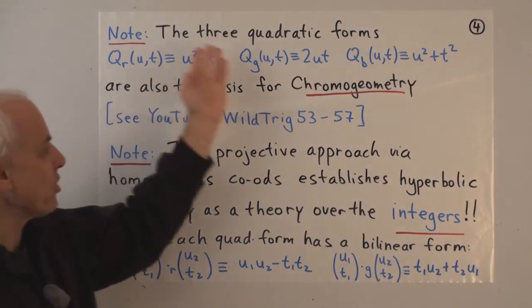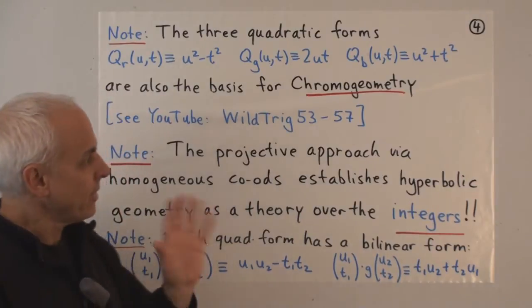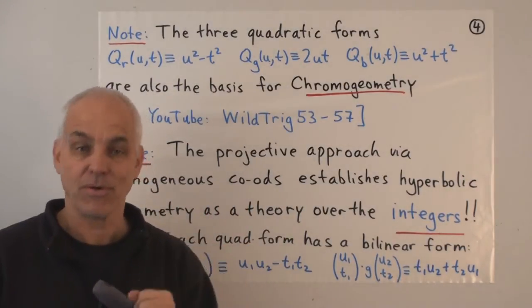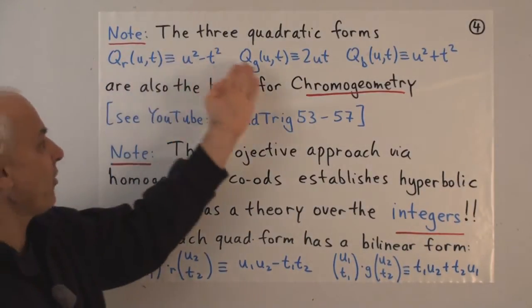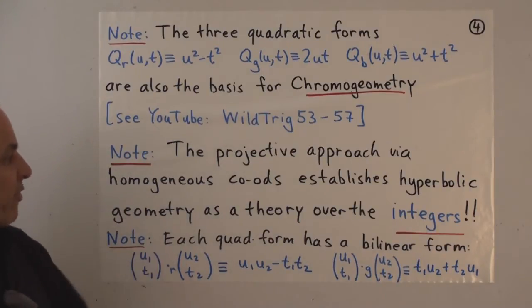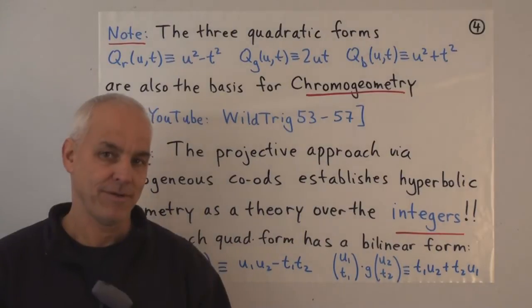And it turns out that these three quadratic forms fit together in a beautiful, lovely way. So the three coordinates that are appearing in our parameterization of the unit circle result are actually also the same as these three fundamental quadratic forms. And I point out once again that this whole projective approach via homogeneous coordinates really establishes hyperbolic geometry as a theory over the integers.